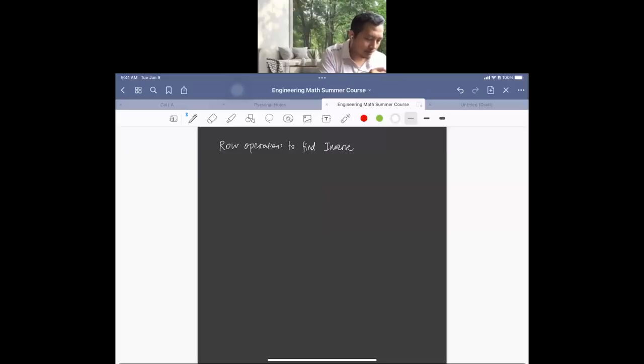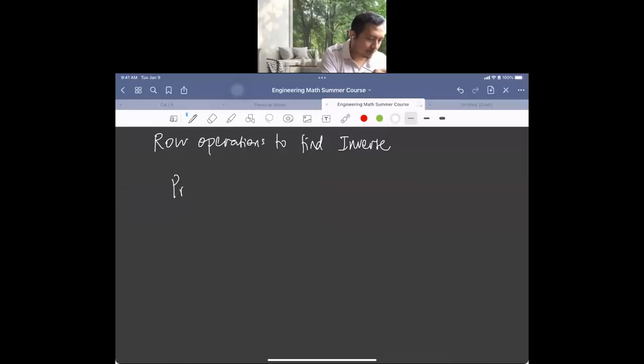Okay, so basically the procedure: suppose A is a non-singular matrix.